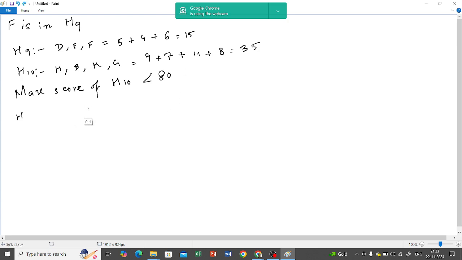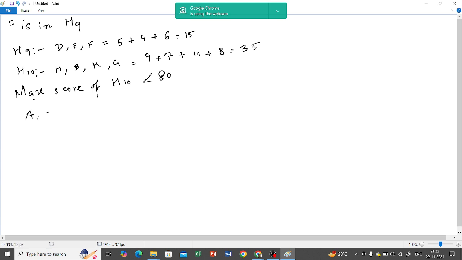Okay, so what I can do is that, 35 I already have, plus now see, if D, E, F and H, B, K, G are already present in H9 and H10, then what are the people who are left?